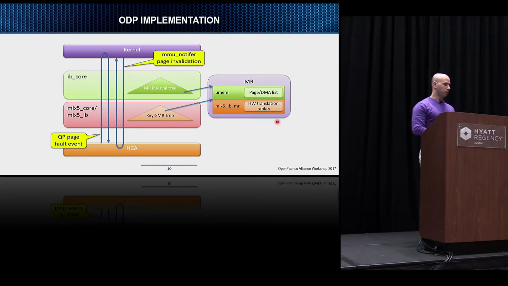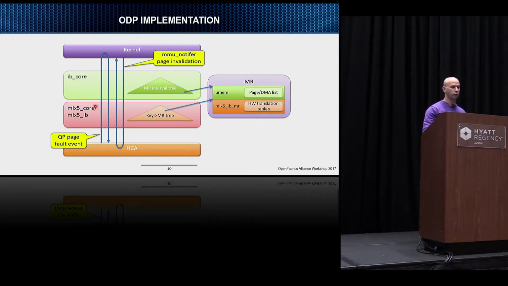In terms of the implementation, we have here a cooperation of the InfiniBand core system and the device driver. I'll start with two flows. When we have a page fault, it's the device driver that raises an interrupt. Again, this is not a page fault because of a CPU access, right? It's a page fault because the HCA is trying to execute, for example, an incoming RDMA write transaction. So it's a regular interrupt by the device.